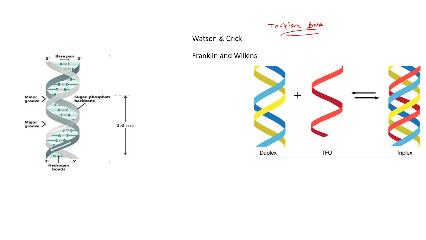Sometimes, in lower pH, that means in acidic condition, one strand will form and join to this duplex, and this third strand is called the TFO, or the triplex forming oligonucleotide.